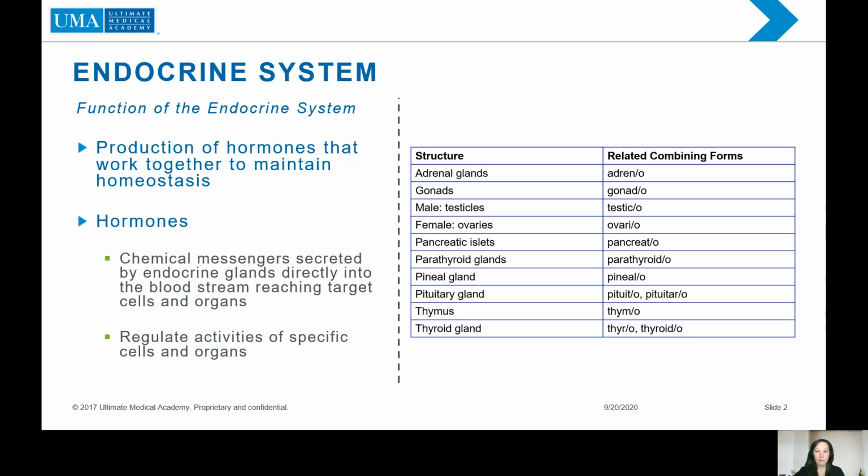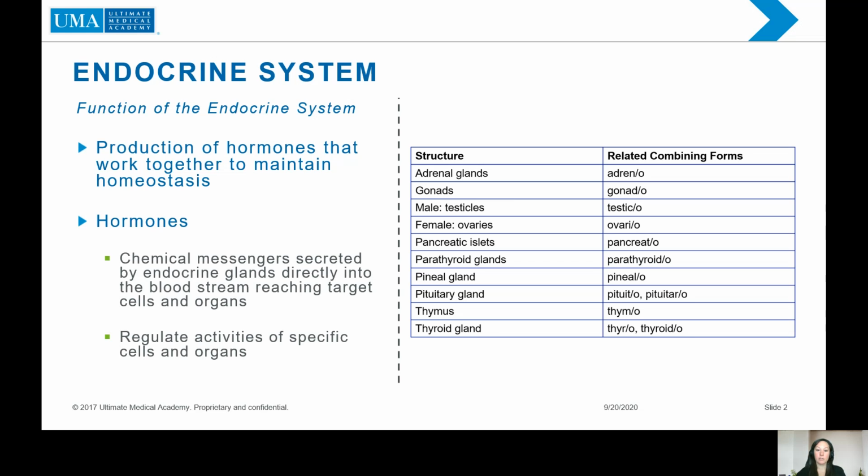The hormones are going to be chemical messengers that are secreted by endocrine glands that directly go into our bloodstream and reach the target cells and organs. They also regulate activities of specific cells and organs.